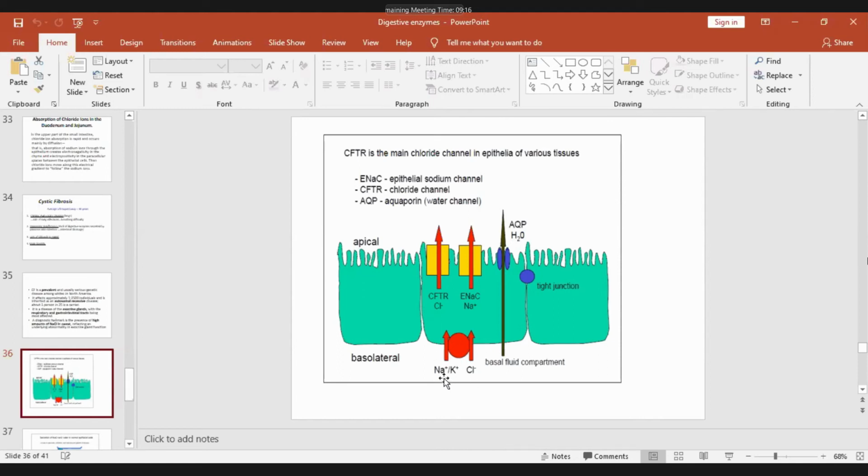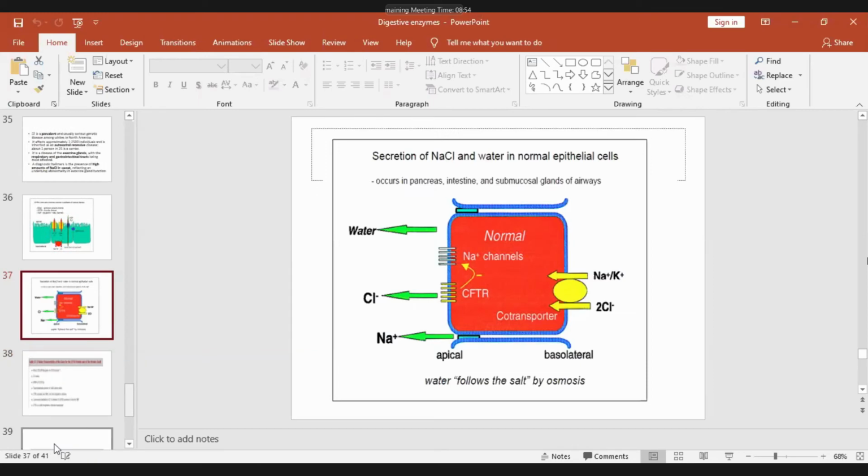With the absorption of sodium and chloride from the basal side, chloride follows for this side too. In the apical side, there is the epithelial sodium channel, and for chloride there is a different channel, CFTR. For water there are aquaporins. Secretion of NaCl and water in normal epithelial cells works the same way.